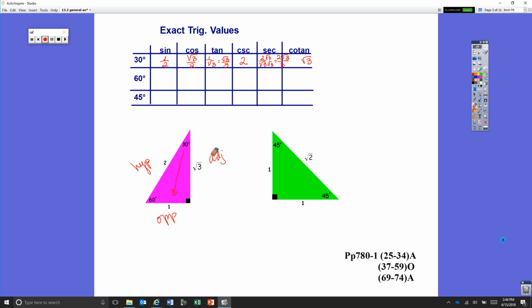So now, if I do it for 60 degrees, the only thing that switches is my opposite and adjacent. This is opposite, and this is adjacent. So sine, opposite over hypotenuse, is square root 3 over 2. So its reciprocal, cosecant, would be 2 square root 3 over 3.